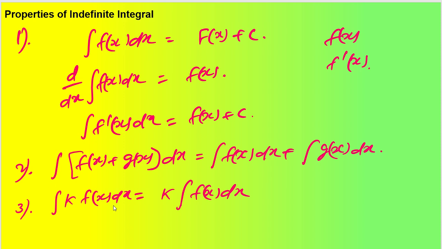Then, as I told you, let us say integration of k1 f1 of x plus k2 f2 of x plus k3 f3 of x, like f1 f2 f3, three different functions are there, and we have k1 k2 k3, three different constants. It can be n number of constants, that doesn't matter. Okay, then first property was you can separate each of the integration.